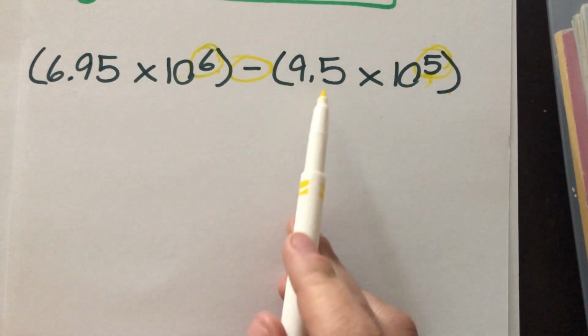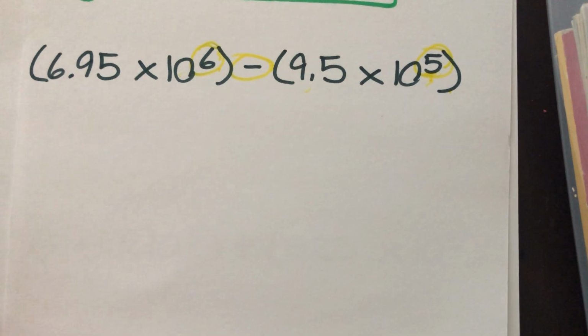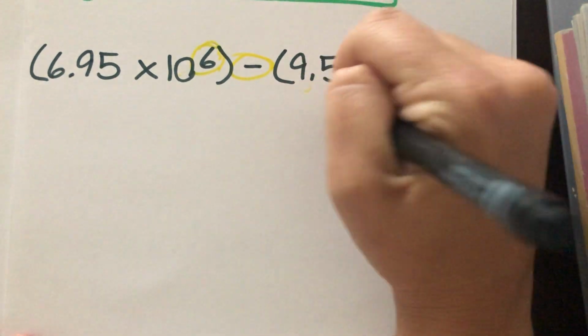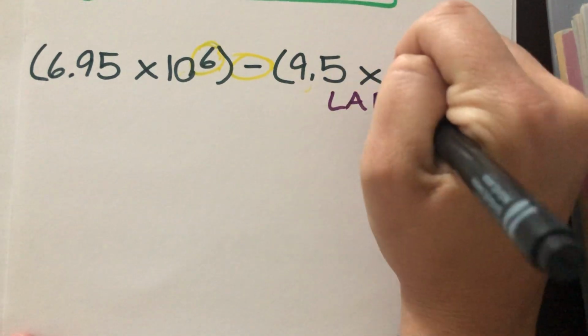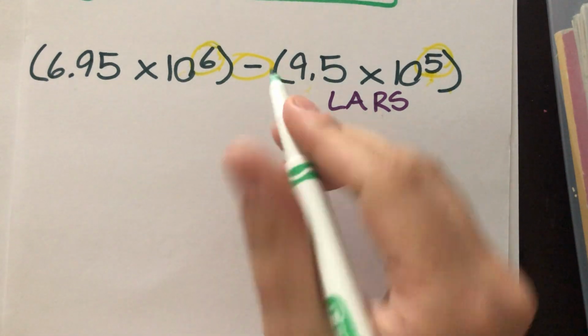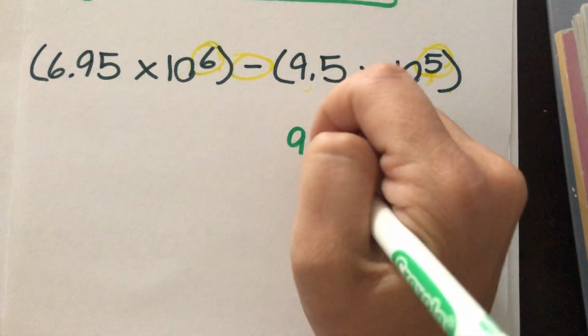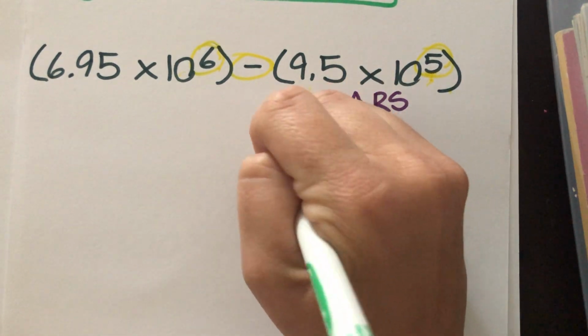And in order to do that, we need to move our decimal to the left. Remember Lars, when we move the decimal to the left, we add. And if we move it to the right, we subtract. So here I am going to write my coefficient, and I'm going to move the decimal to the left 1 time.